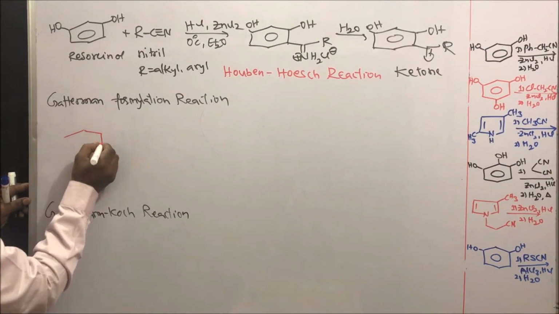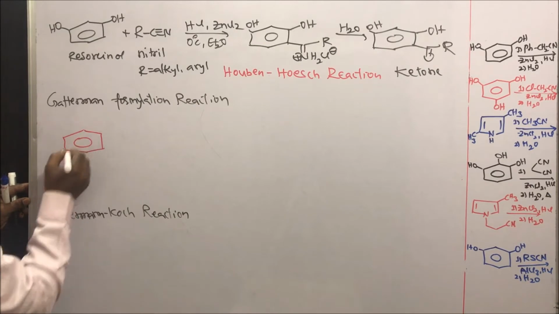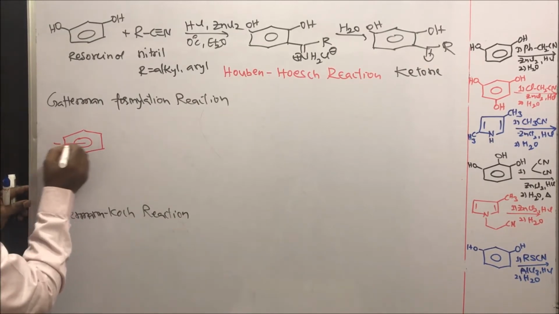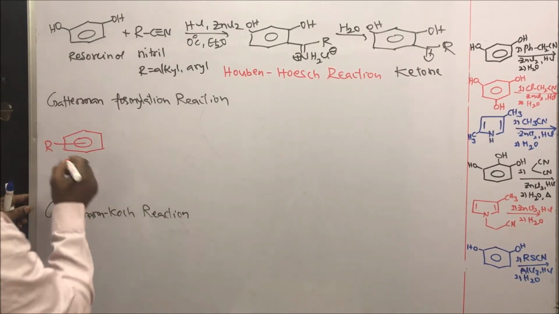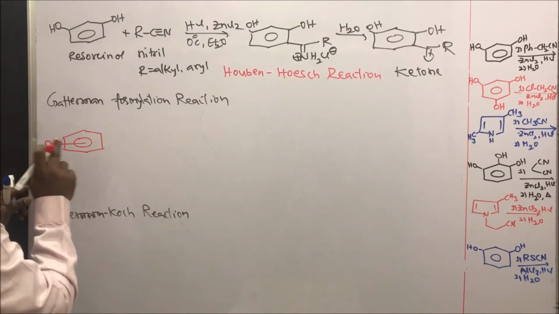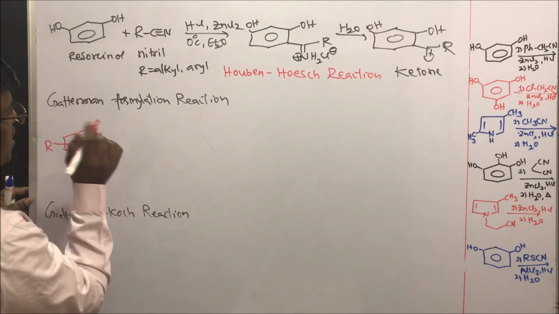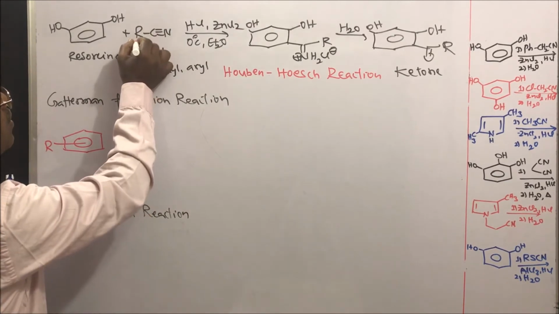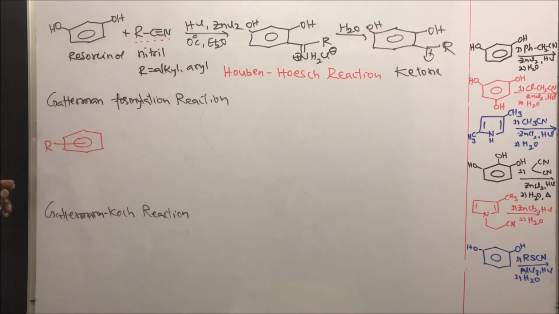For example, let me take simple benzene or substituted with an R group. So it may be alkyl or aryl, whatever may be. So this benzene ring we are using, instead of RCN.